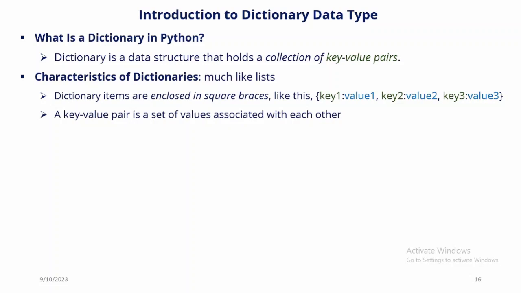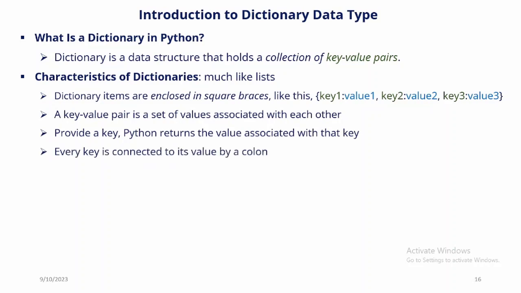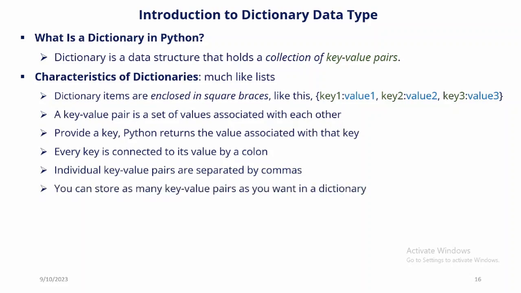Any surname, any first name, any age, any height, any eye color, whatever. If you provide a key, Python can return the value associated with that key. Every key is connected to its value by a colon, as you can see there. And individual key value pairs are separated by commas. You can store as many key value pairs as you want in a dictionary.